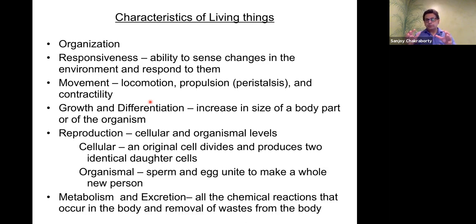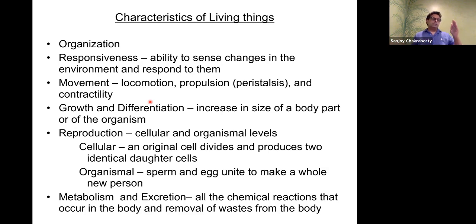So many cells, we put them in groups. Cells together make tissues. Those groups of cells are called tissues. Tissues make organs, so a couple of tissues together make some organs. And when multiple organs work together, we call it an organ system. And then organ systems become an organism. So this is our organization.